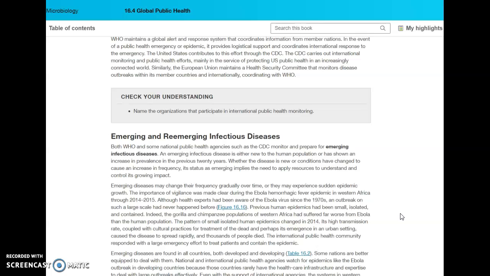So the CDC and the World Health Organization, of course, monitor and prepare for what we refer to as emerging infectious diseases. So these are new to the population or an increase in prevalence. So the coronavirus would be an emerging infectious disease.